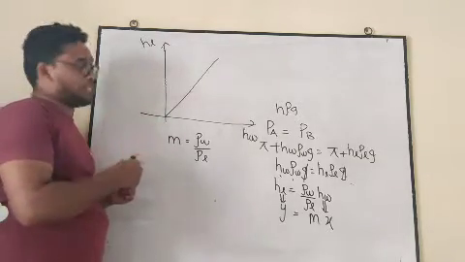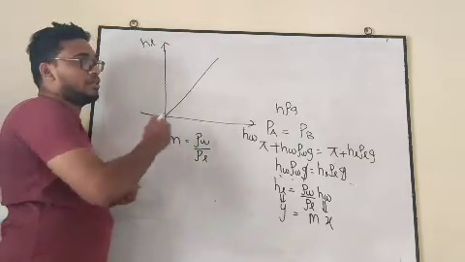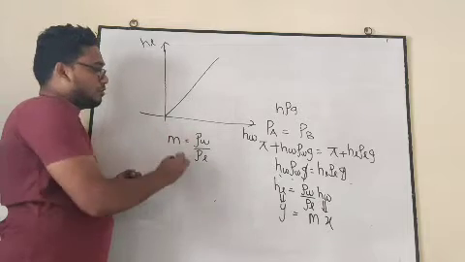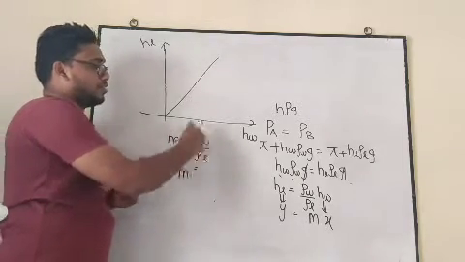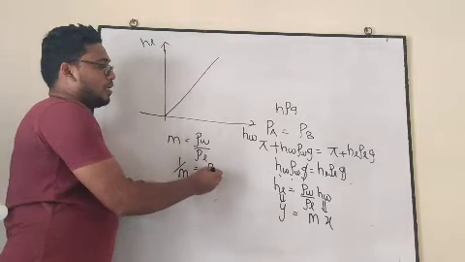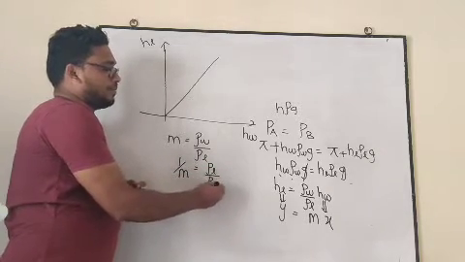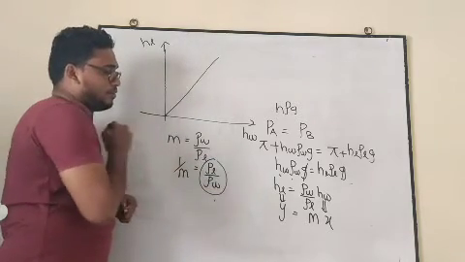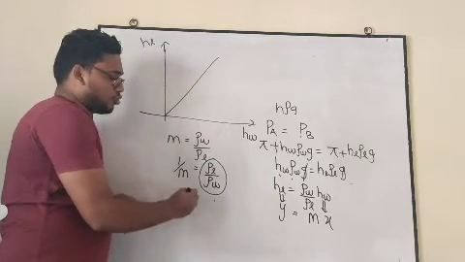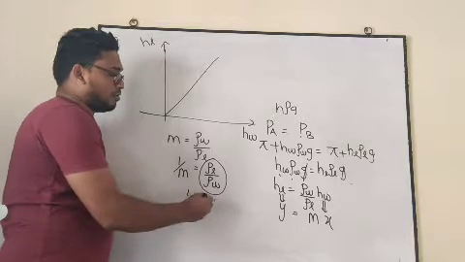So we have to interchange the numerator and denominator, so for that we take 1 over m. If you put 1 over m, it changes to rho L over rho W. So rho L over rho W is equal to S, the relative density. So 1 over m equals S.